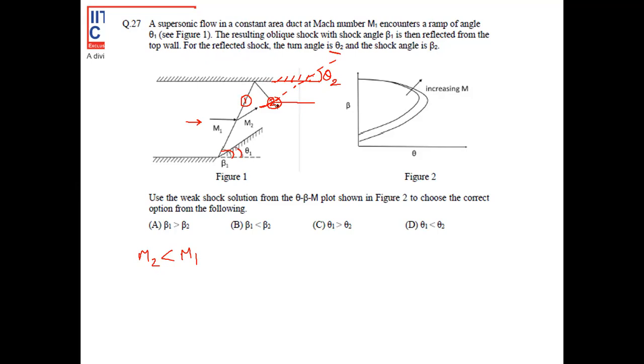From geometry, we can see that as this and this are parallel, this angle has to be equal to this, right? Because this flow is parallel to this wall.